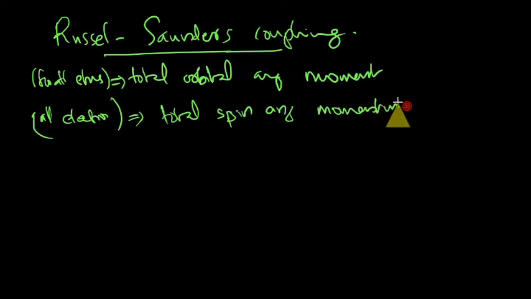And this total orbital angular momentum and the total spin angular momentum combine to give the total angular momentum.